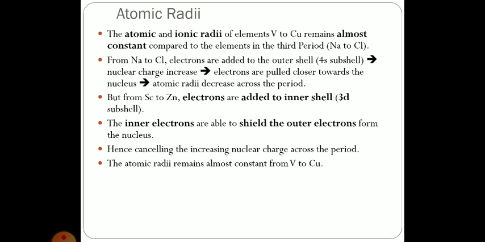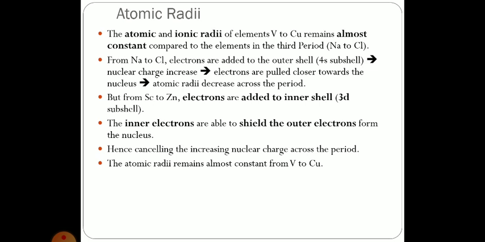But from scandium to zinc, electrons are added to the inner shell, that is the 3d subshell. Inner electrons are able to shield the outer electrons from the nucleus, hence cancelling the increasing nuclear charge across the period.